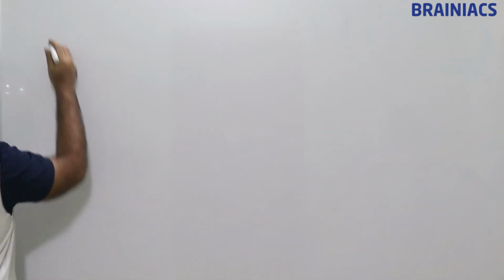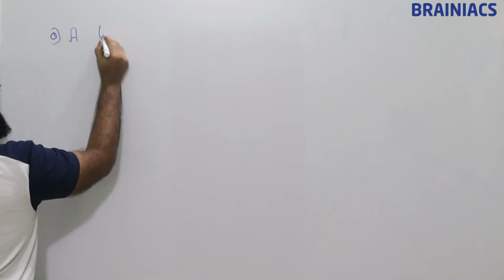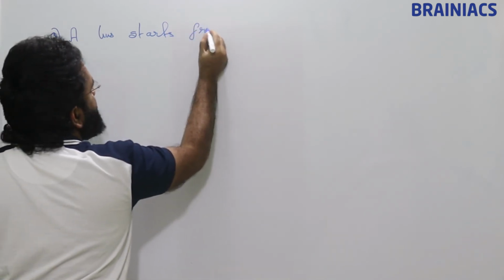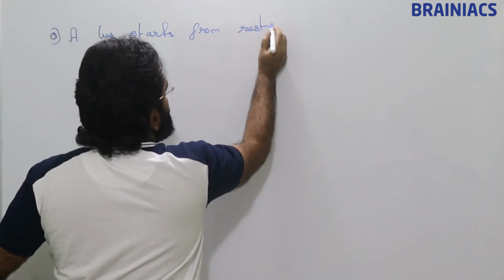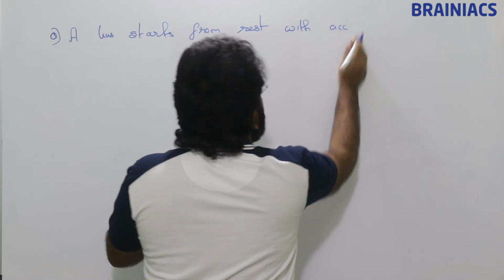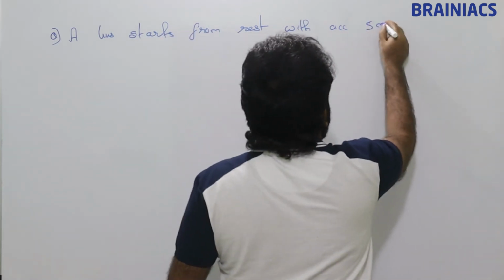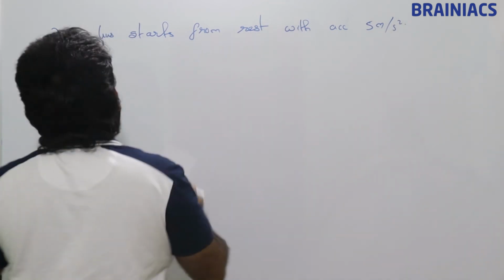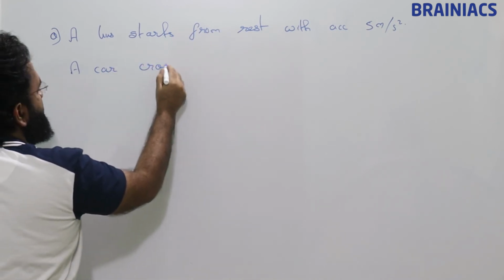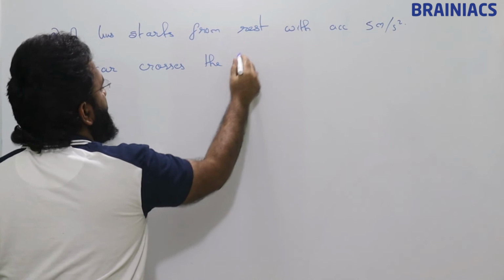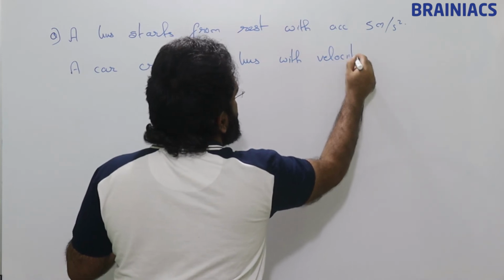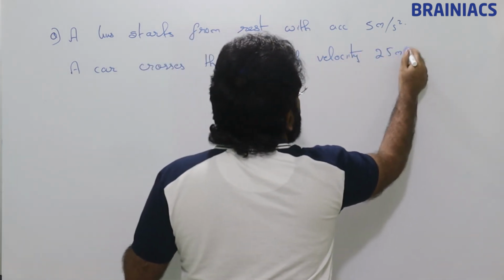Okay, a bus starts from rest with acceleration 5 meter per second square. A car crosses the bus with velocity 25 meter per second.